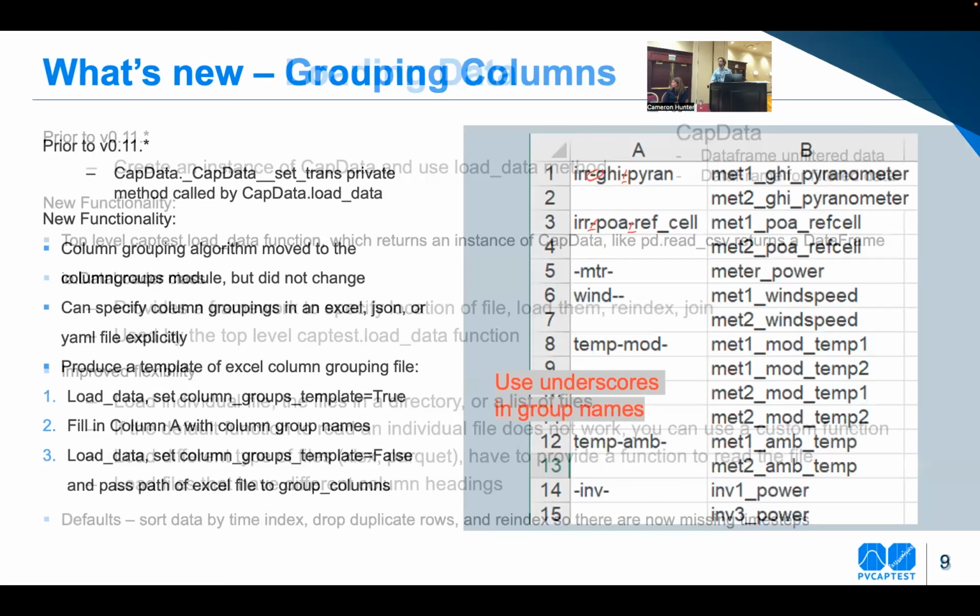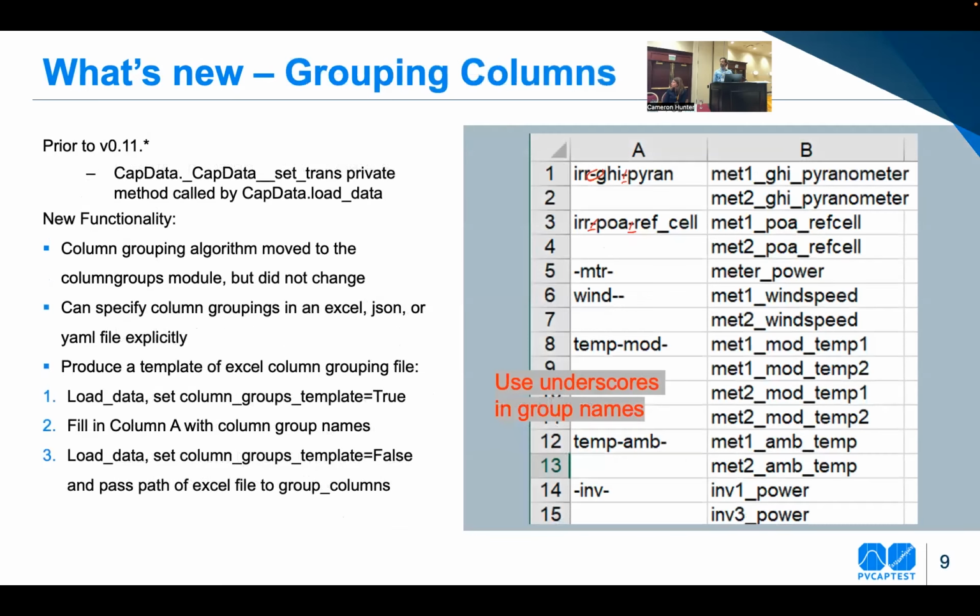So column grouping is pretty important to the functionality. This is if you have a small project that only has one sensor of each type, one plane of array sensor or one wind speed sensor, this is less important. But when you have a large project with multiple MET stations, you need to keep track of all the sensors that are making measurements of the same type and likely aggregate those.